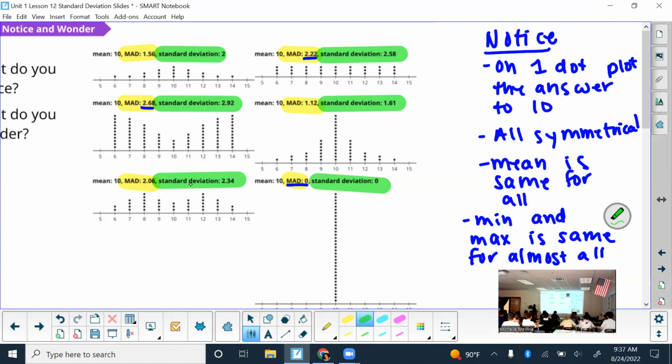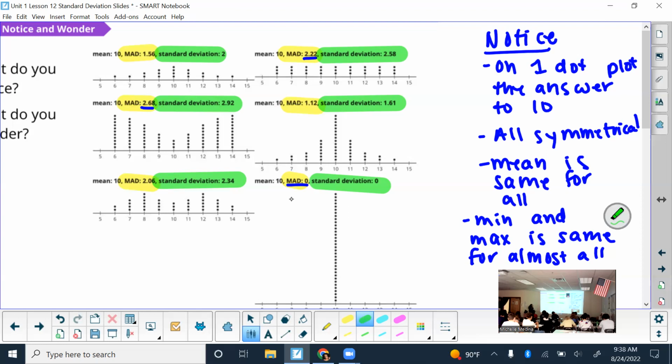So standard deviation is a measure of spread. Which one has the highest standard deviation? This one, right? And this one also has the highest MAD. So they kind of go together. They're a little bit different, but they both measure spread. So over here where there's no spreading out whatsoever, they're both 0.